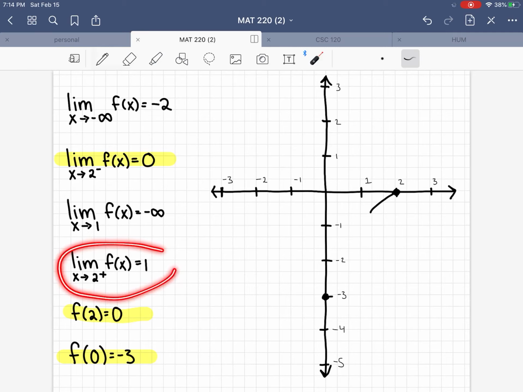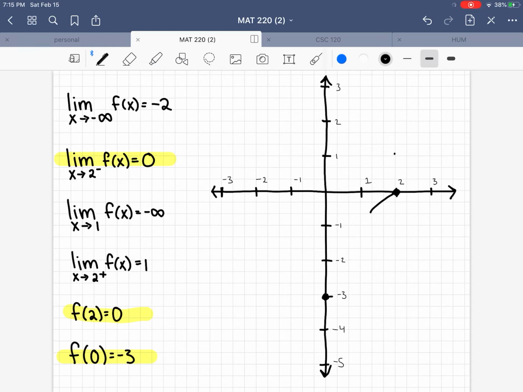Now our next piece as x is approaching 2 is showing what the function is doing as x approaches from the positive side. So this is what our function is doing as we come this way, and it's telling us that the function is approaching 1. One thing to remember here is that even though our function is approaching 1 at x equals 2, we do have a value at 2 of 0.